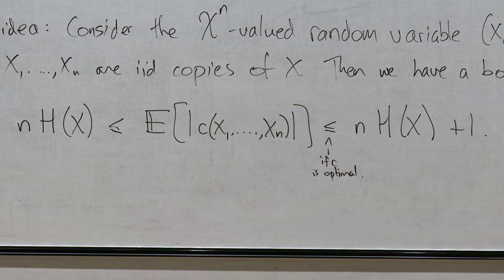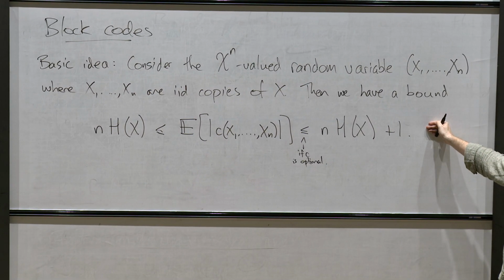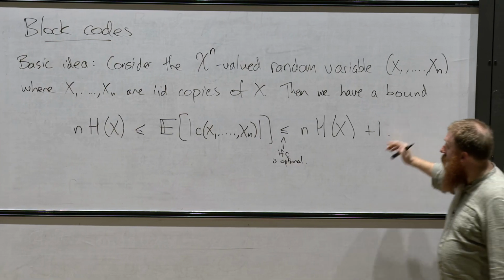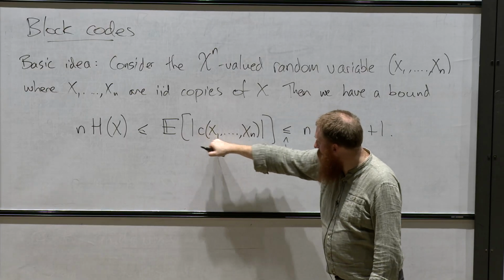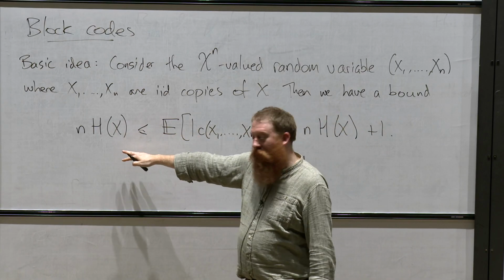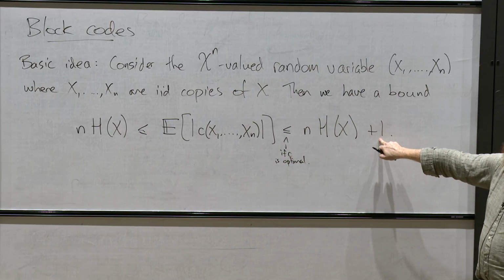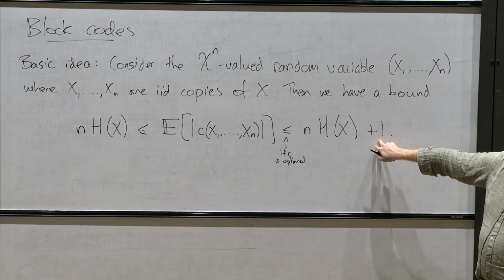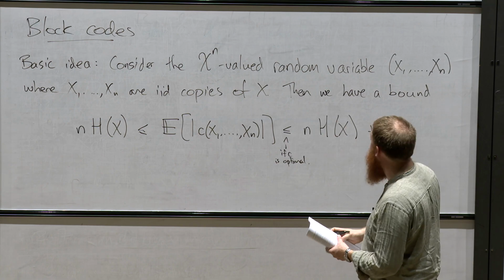So now I look at this for a moment and I say, hang on, if I divide this equation through by n, then what have I got? I've got a code which is including n symbols, and it's getting arbitrarily close to the lower bound because this becomes a 1 over n. The per symbol code length gets a lot closer to the lower bound. And this is the basic idea.